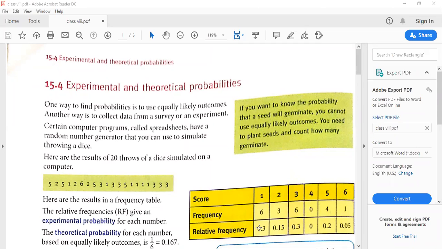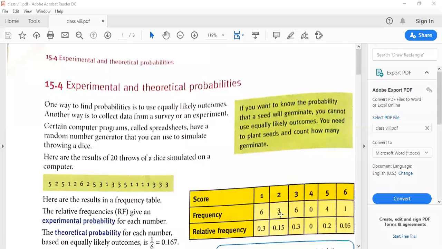So the relative frequency means here total how many throws? 20 throws, so we will do 6 out of 20. We are finding the relative frequency first, and according to that relative frequency, we are finding the experimental probability.